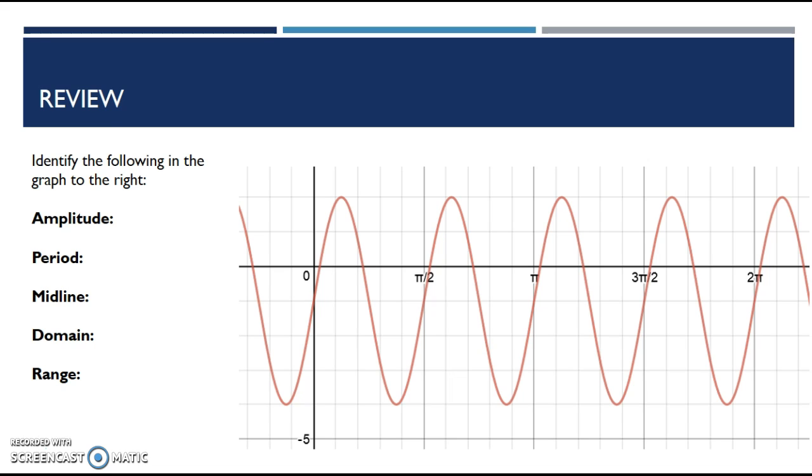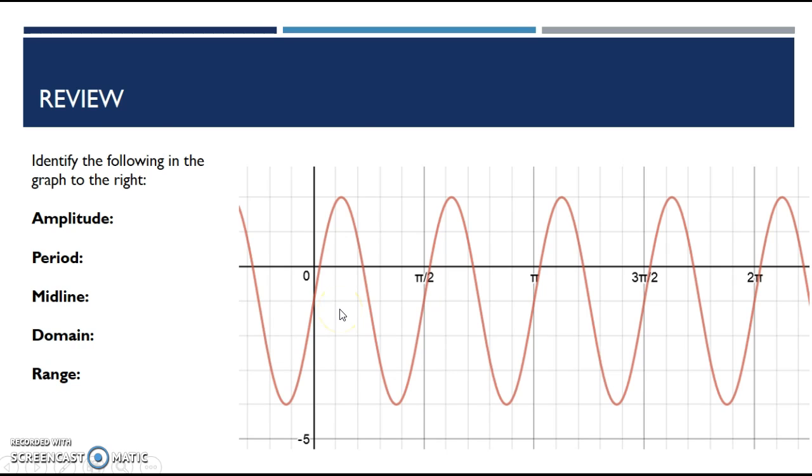Okay, the amplitude, well, let's start with the midline. The midline is going to be at -1. That's going to be this middle part right here of the graph. And so from there, our amplitude is 3 because we're going up 3 and we're going down 3.